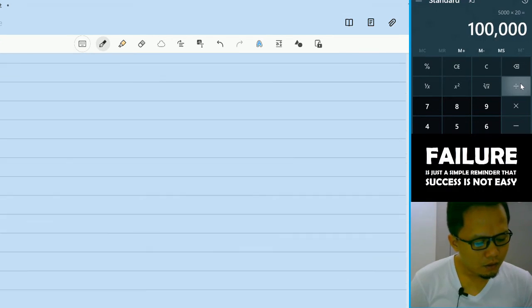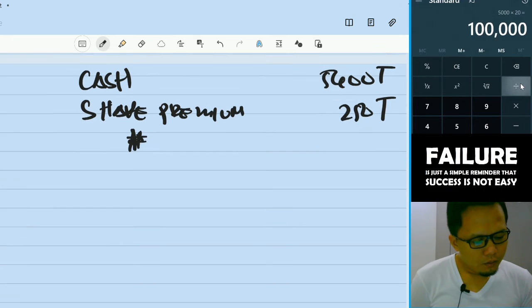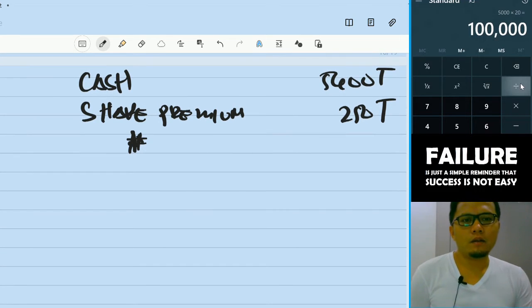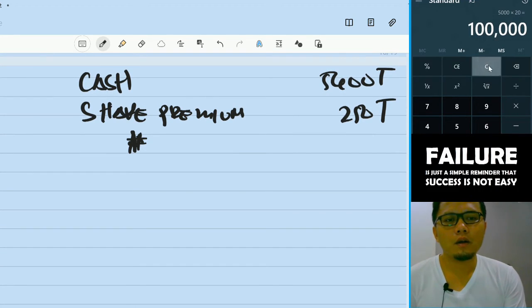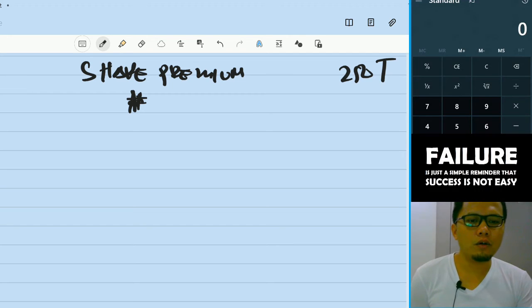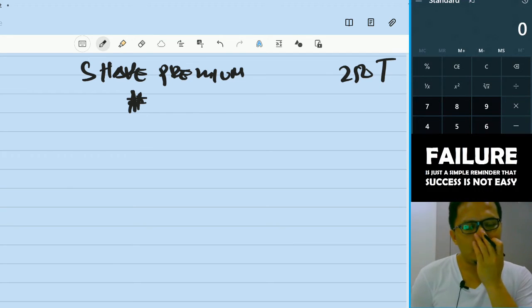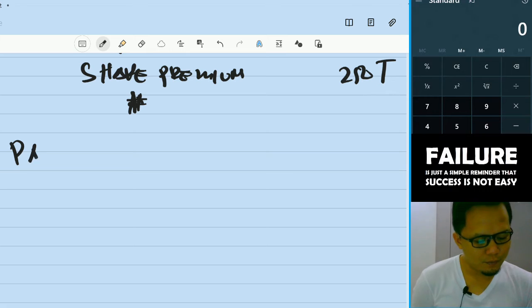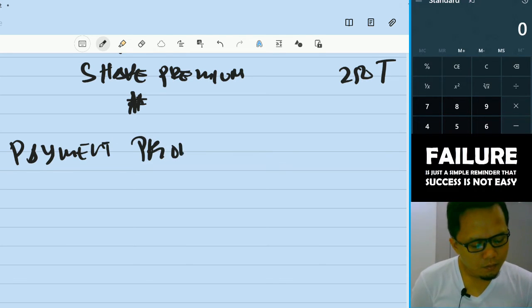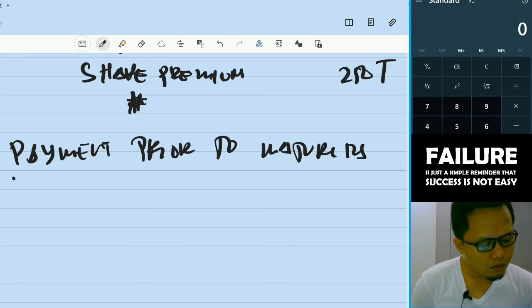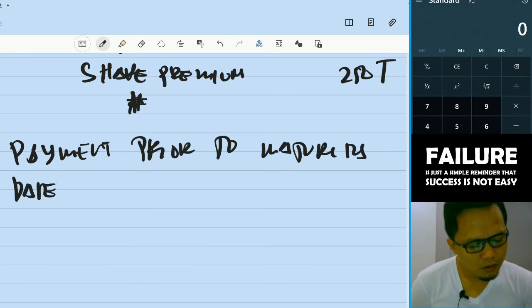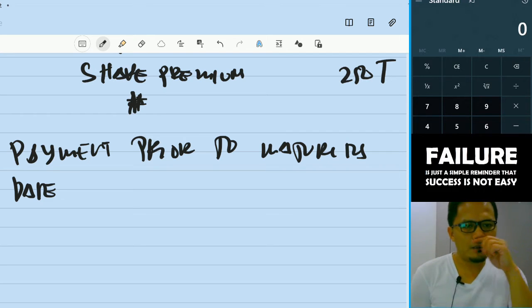Okay, so now, what if the payment is prior to maturity date? Payment prior to maturity date.